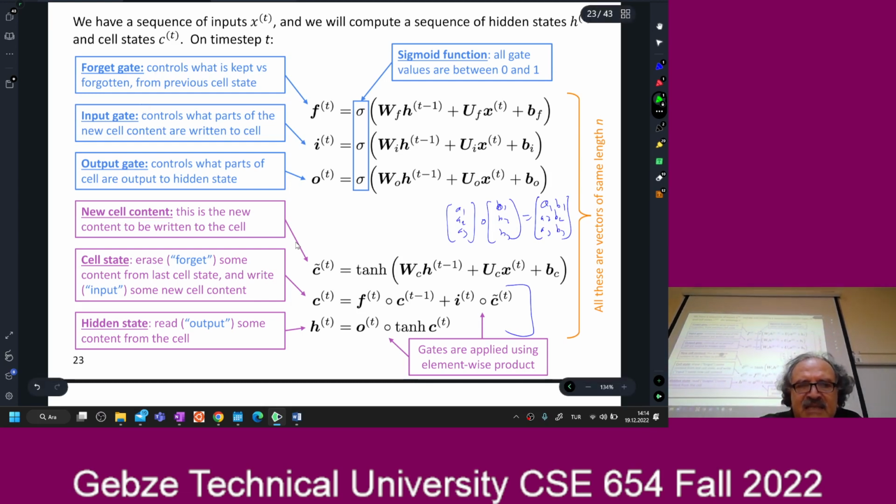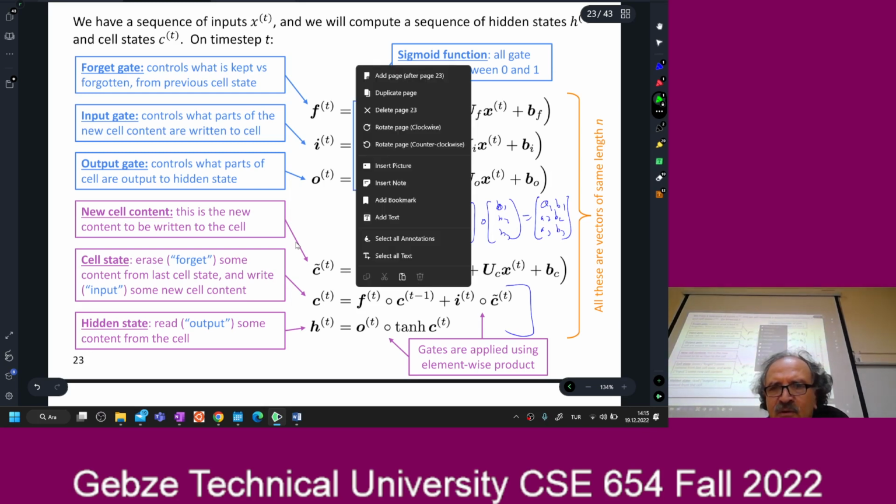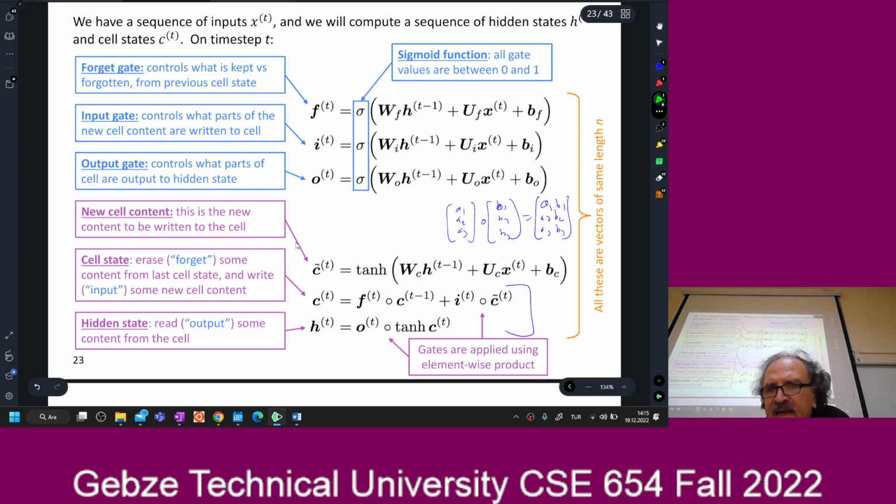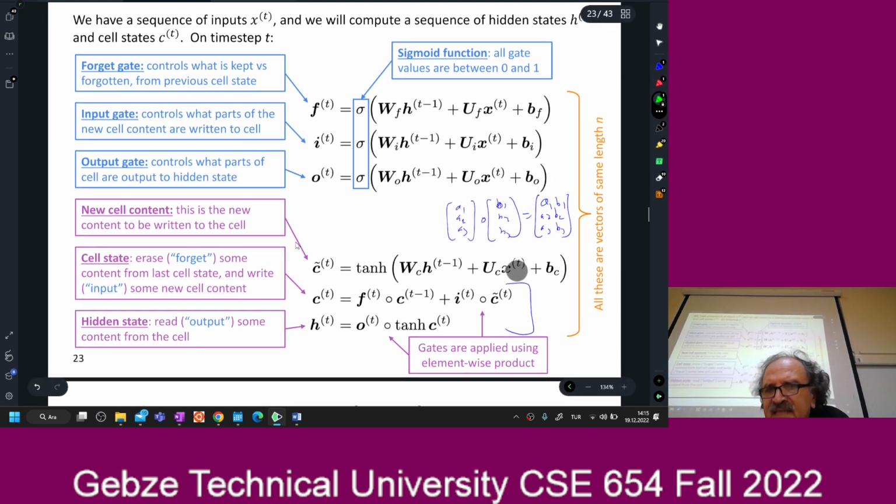So let's look at this new stuff, the cell state. Okay, new cell content. What does it do? It says get the internal state of the previous case, multiply it with the WC, and get the input of xt, my current input, multiply it with this UC, new set of states, and bias.